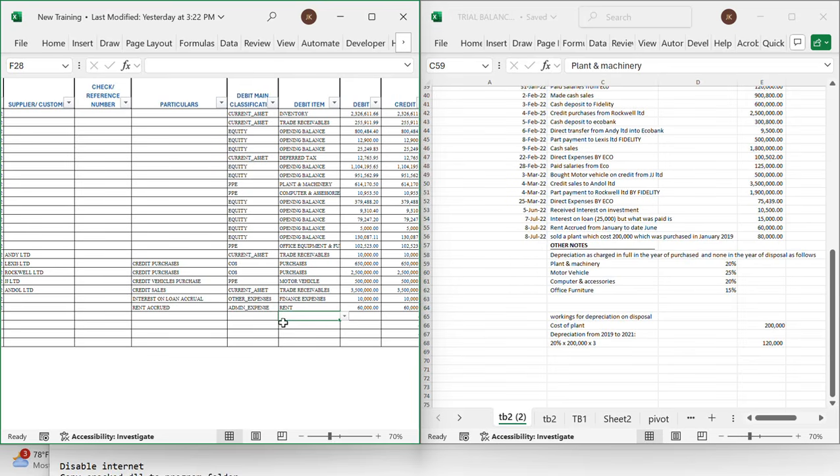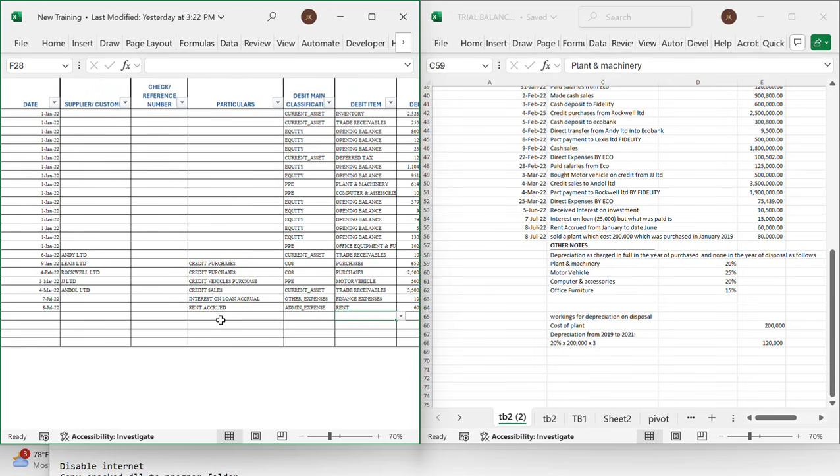We've configured everything in a way that once you make the correct entries, the gain or loss is automatically going to be determined for you, right? All you need to do is to make the right entries. Okay, so the first thing is that the date is 8th July. Okay, so this one, it is we receiving cash.